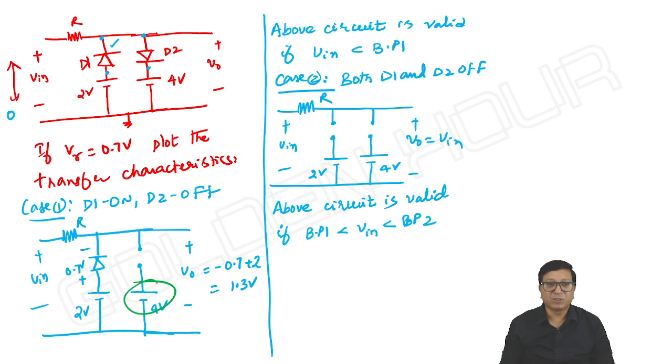Next, if the input is greater than 4 volts, it looks like 4. Then what happens? D2 is on, and D1 is off.